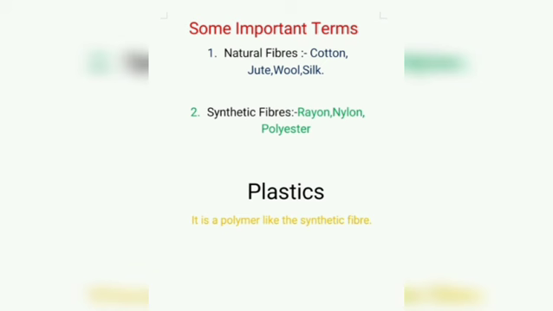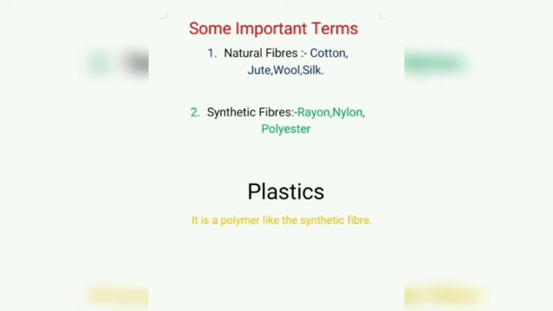There are also some synthetic fibers available. These are polymers of high molecular weight obtained in fibrous form and can be used as yarn, for example rayon, nylon, polyester, etc.